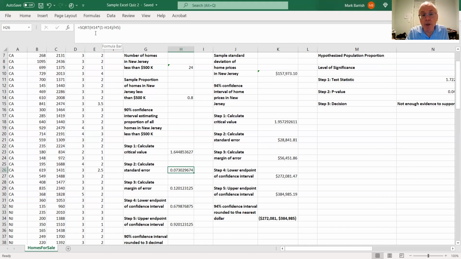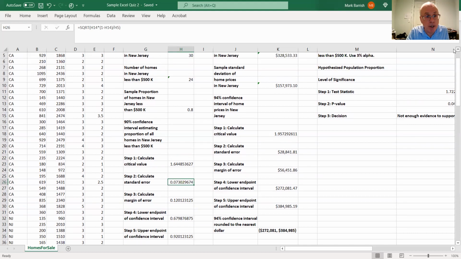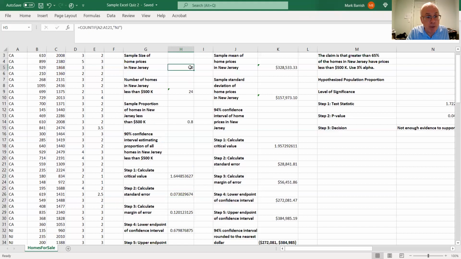You have to point to the correct cells where these are residing. So it's H14 times 1 minus H14, or 1 minus 0.8, divided by H5. And what is H5? That's your sample size, it's right here. So the square root of all of that comes out to about 0.073.